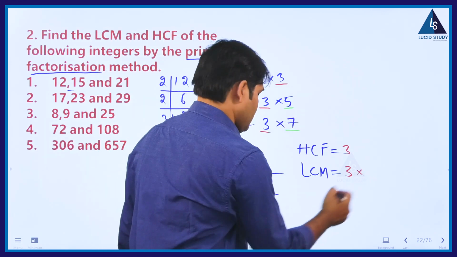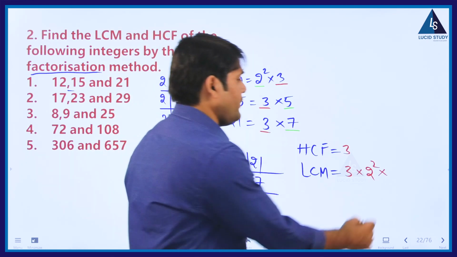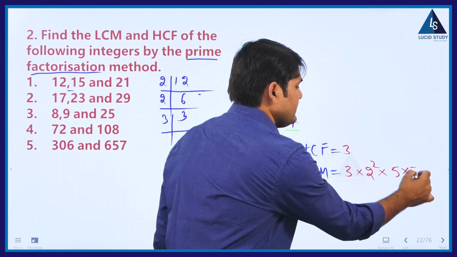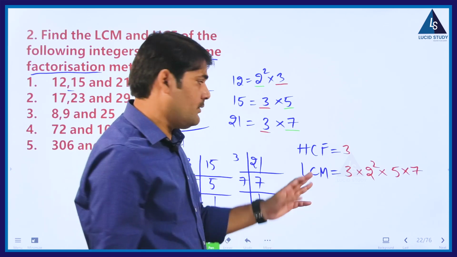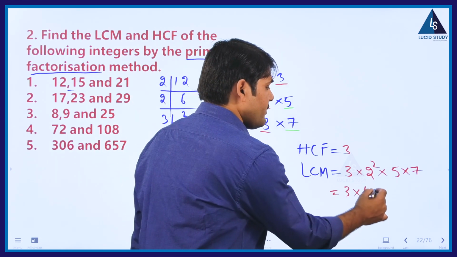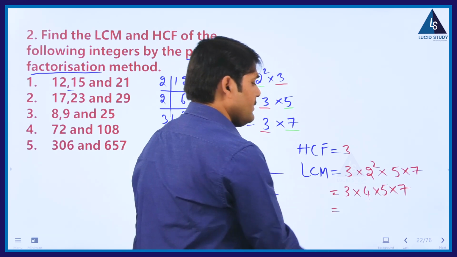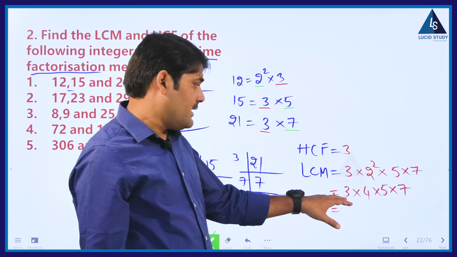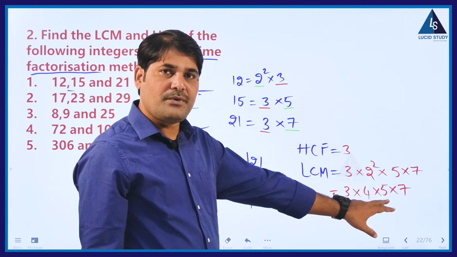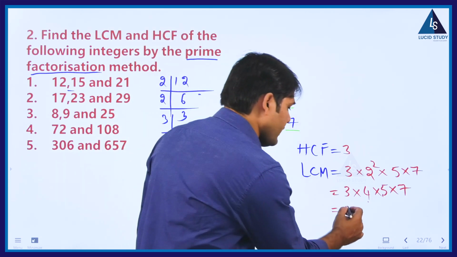I will write 2 square into 5 into 7. Now if you expand, 3 into 2 square, 4, into 5 into 7. Now multiply: 3 into 4 is 12, 12 into 5 is 60, 60 into 7 is 420.